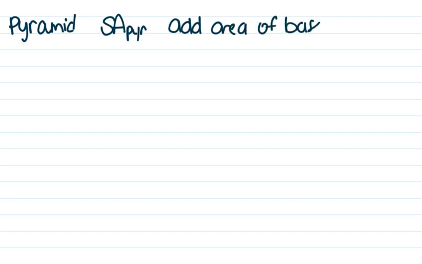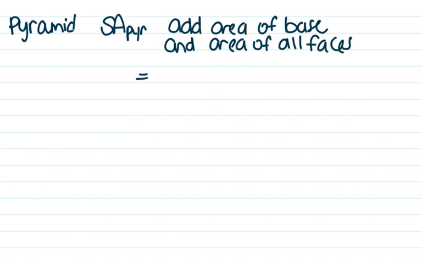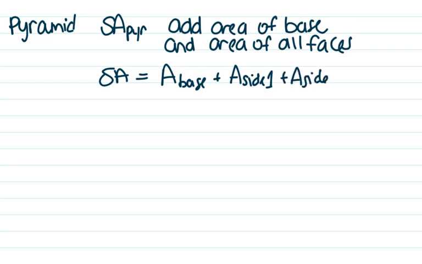So the surface area of a pyramid, you need to add the area of the base and the area of all the faces. So another way to write that would be area of the base plus area of side 1 plus area of side 2, and so on until you've done all the sides.